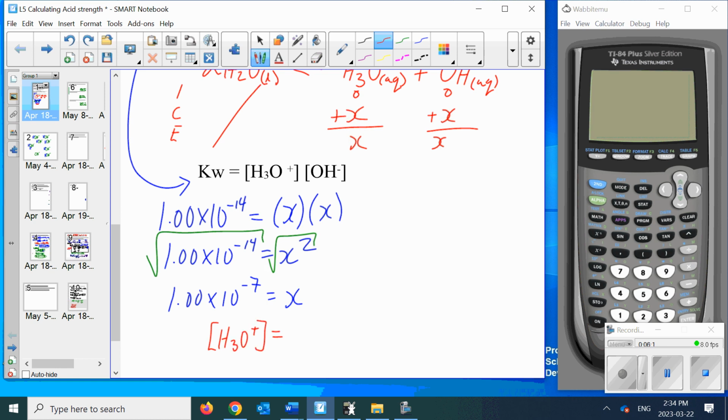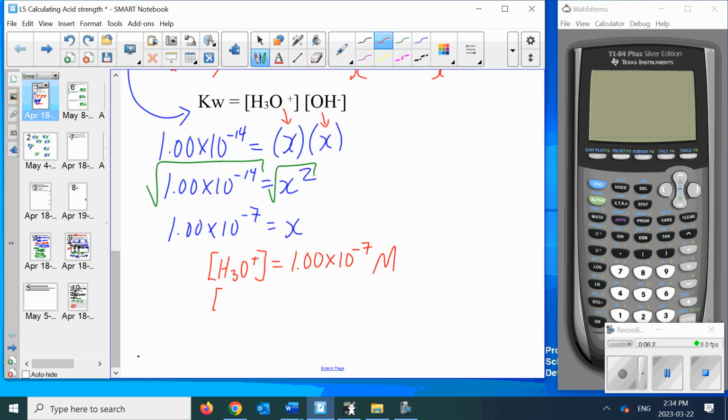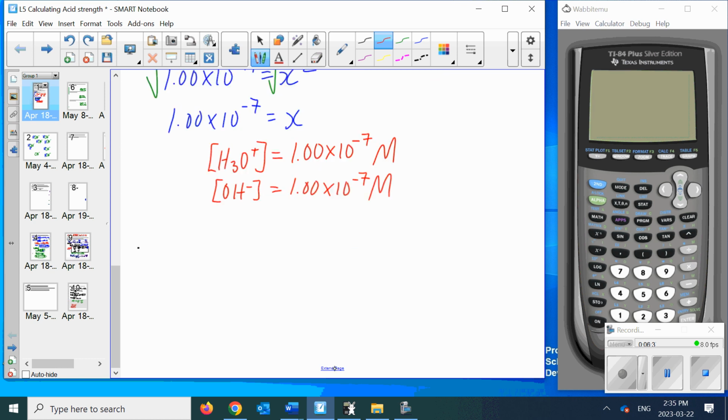But that's given by x, right? So it's the same number, but we'll put moles per liter. All right. So they're in the same amount, and that is extremely small.